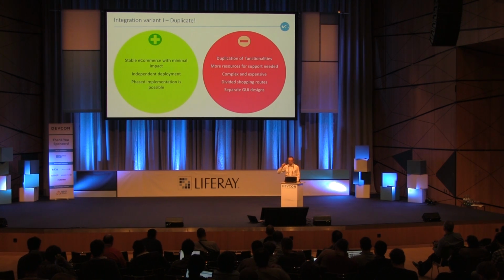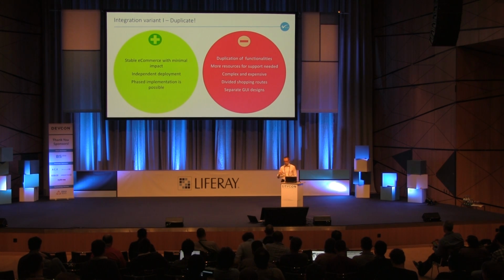And even if you do a lot of work, it will never be the same UI. You have the separate CSS from the e-commerce and the layout and design in the portal team. We're trying to do this, but it never looks pixel perfect the same.